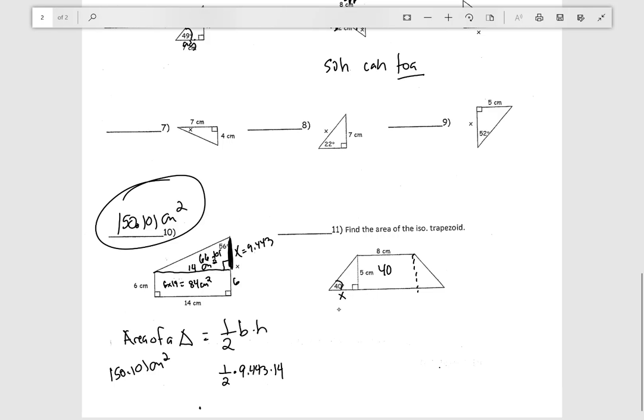Here's my angle, so that's the adjacent and the opposite side. So SOHCAHTOA, I need an O and an A, so it's going to be tangent again. So tangent of 40 degrees is going to be equal to the TOA, opposite over the adjacent. So that base is going to be 5 over tangent of 40.